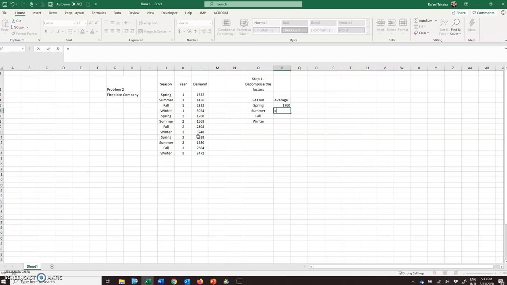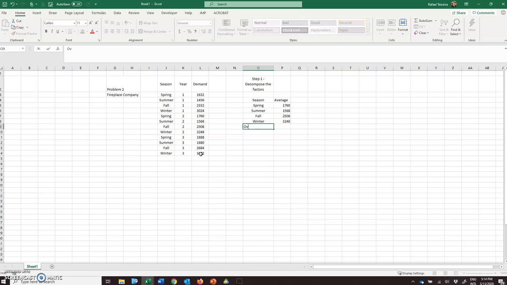I do the same thing for summer. So I type equal, open parentheses, and I select summer demand plus demand for summer in year 2 and demand for summer in year 3. I close parentheses, divide by 3, and then I do that for the fall demand, divide by 3, and finally for winter, equal to demand in winter, taking the average.